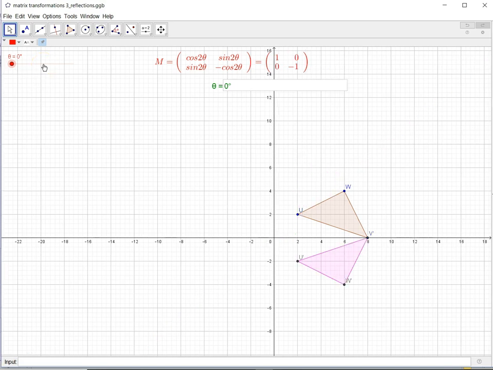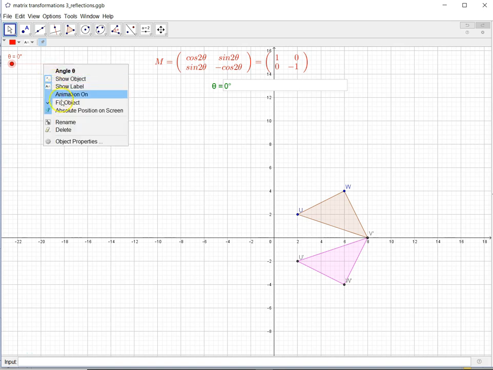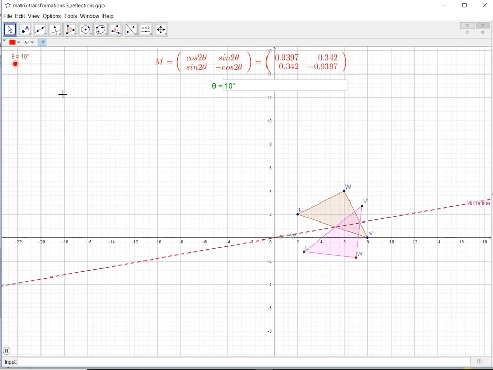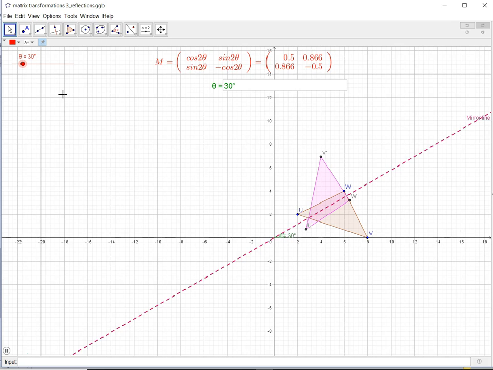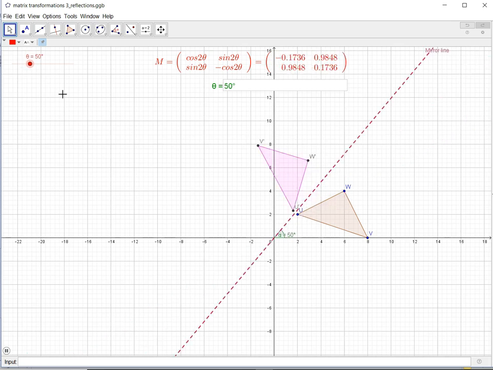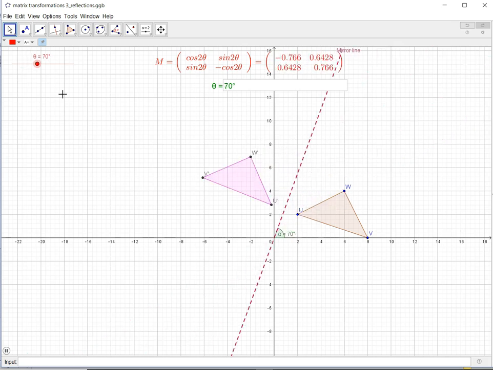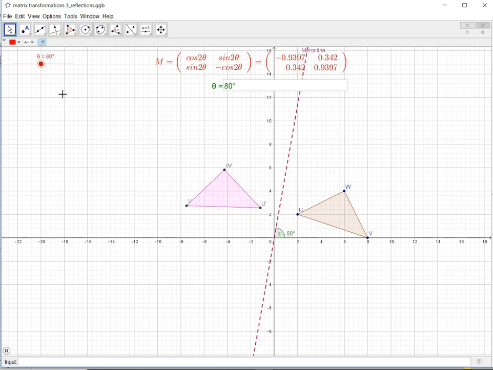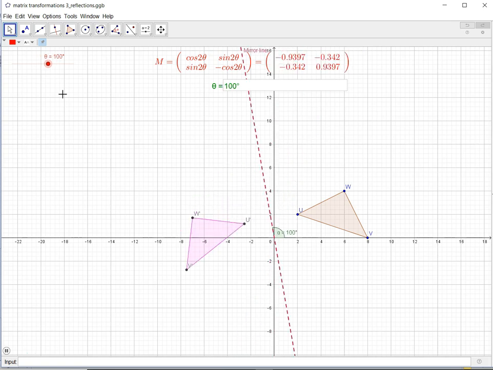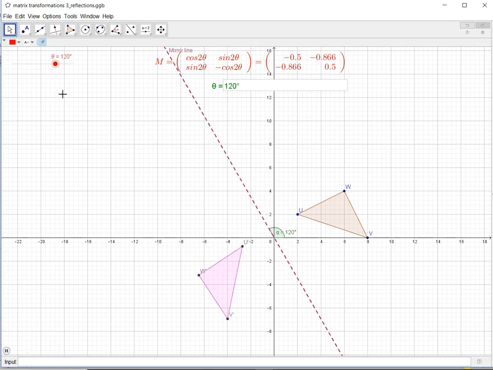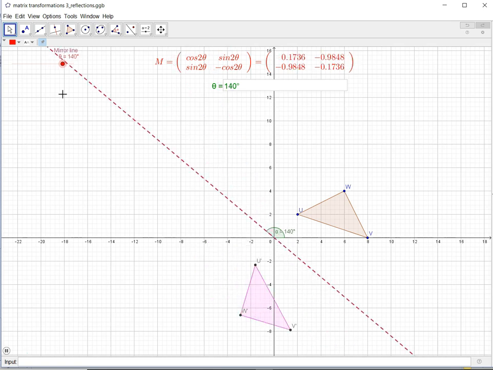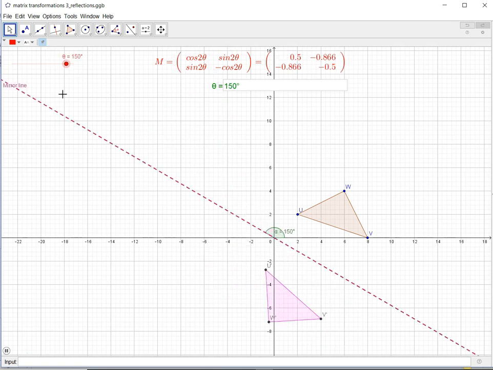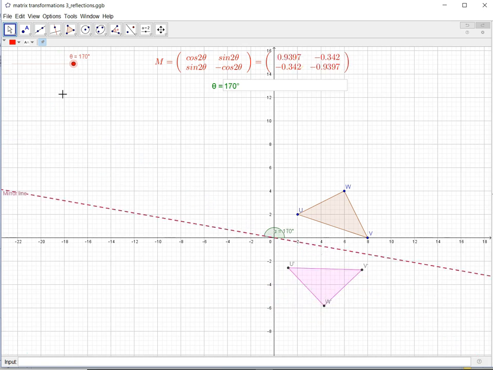So let's now look at what happens if we allow theta to increase slowly from 0 towards 180 degrees. In each case we can see that the image triangle is a reflection in the mirror line shown, and that the mirror line makes the same angle with the positive x-axis as the value of theta.